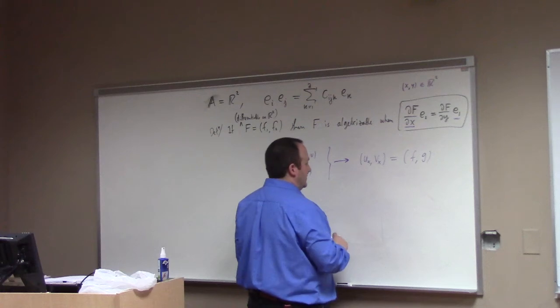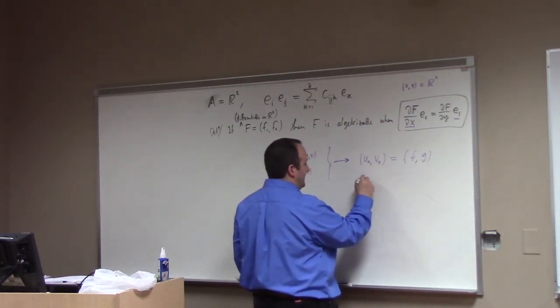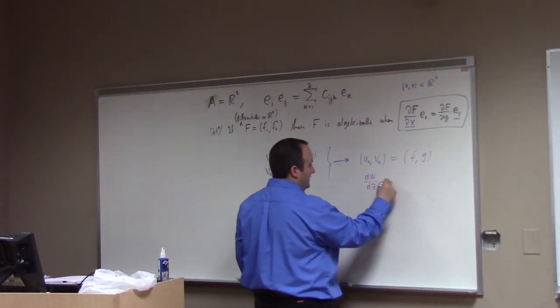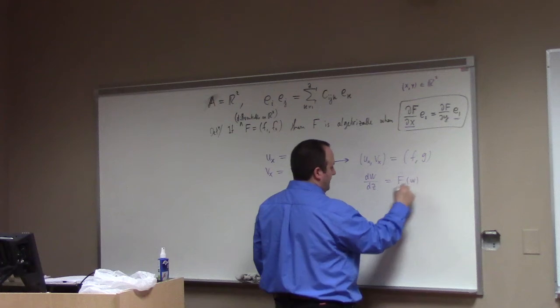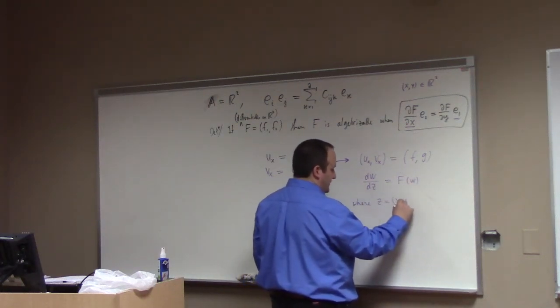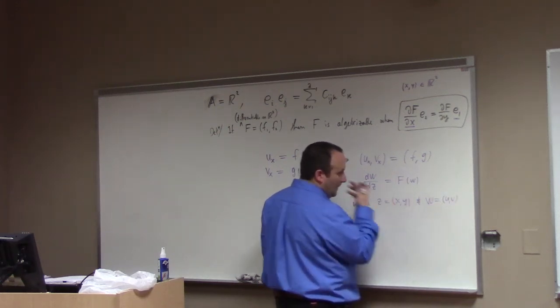And if the algebra is right, we can look at this as dw/dz equals f of w, where z is equal to x comma y, so to speak, and w is equal to u comma v.